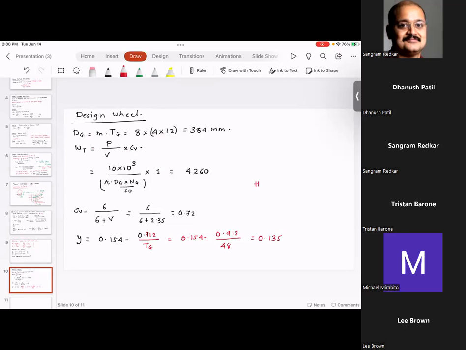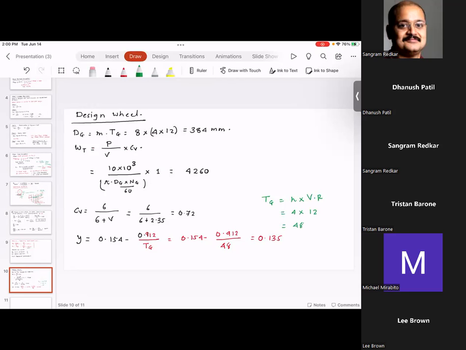So basically TG is equal to n multiplied by the velocity ratio. So n is equal to 4, velocity ratio is equal to 12, so we got 48.